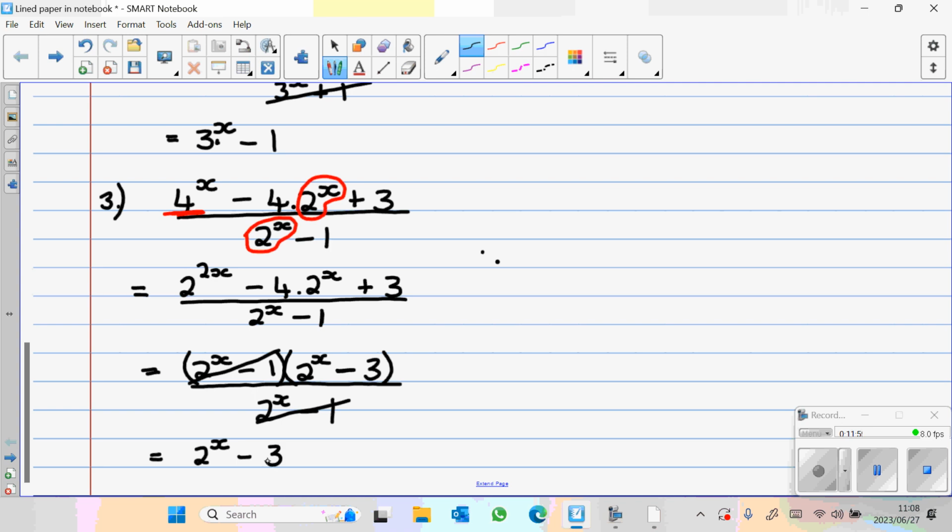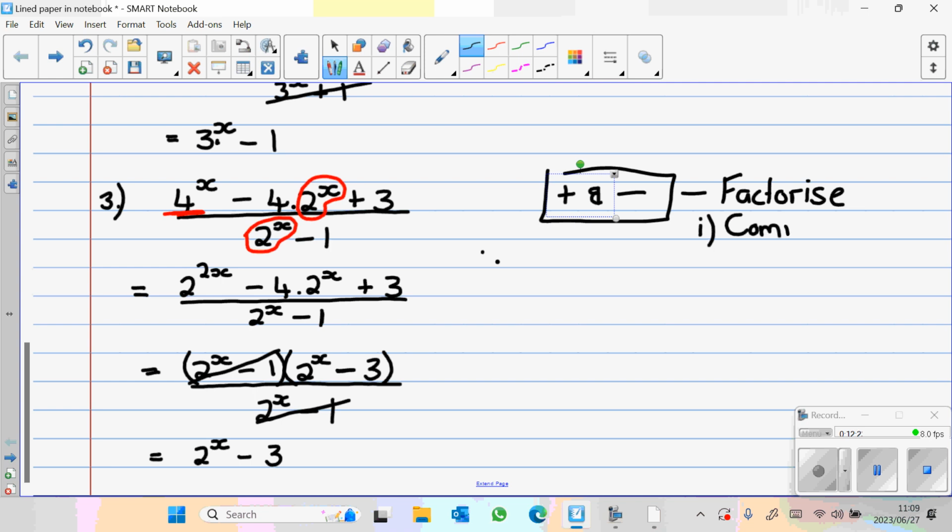So remember, please, plus and minus is always the difficult one, which means you have to factorize. And that factorization can be a common factor, which happens when the ground number and the exponent are the same throughout the whole question.